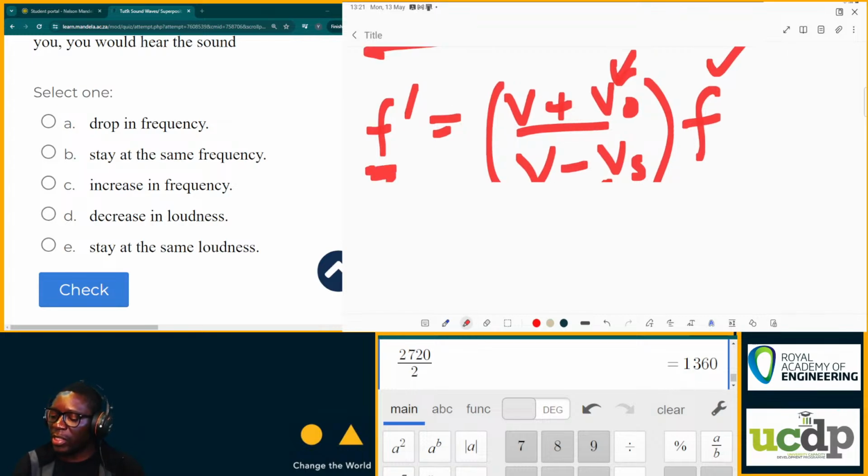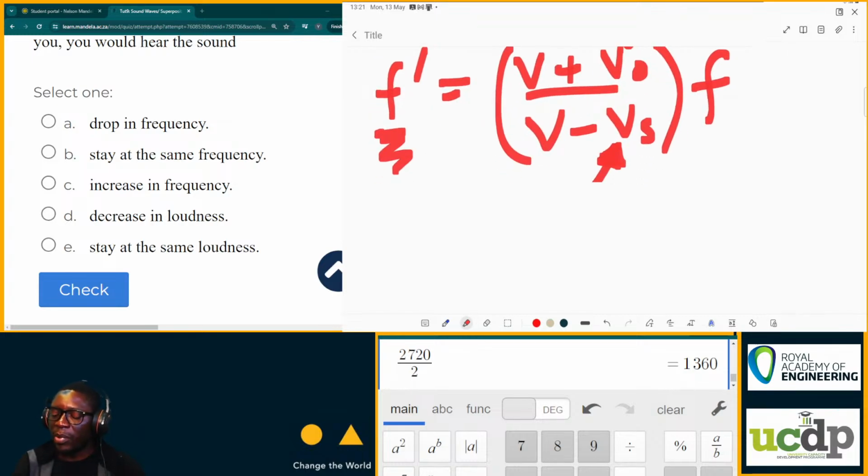So whatever frequency is being observed is always the shifted frequency, and it will be constant because the frequency source is fixed and the velocity of the source is a terminal velocity, which is constant. So there is no change in frequency that the observer is going to experience. There's no drop, there's no increase, it stays the same. So B is the best answer in this case.